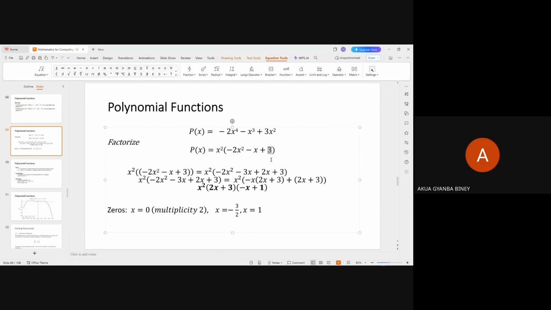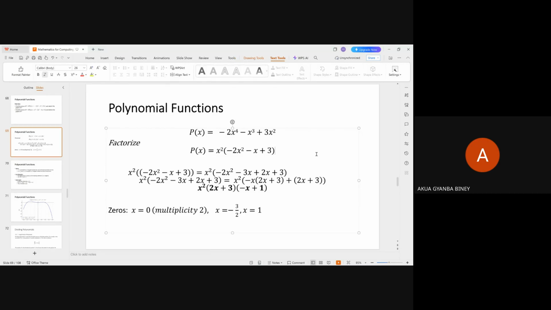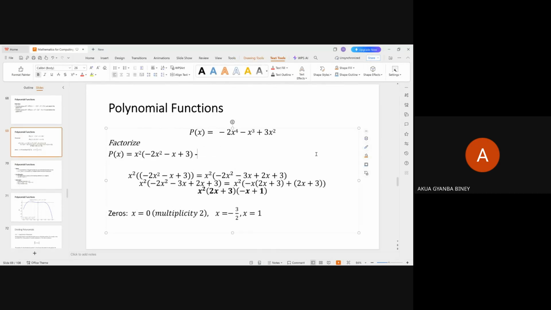And that will give you what? -6. -6, let me put it somewhere. So you are actually going to look for two numbers that when you multiply, give you -6, and when you add, give you -1.